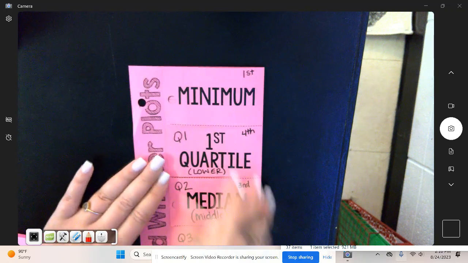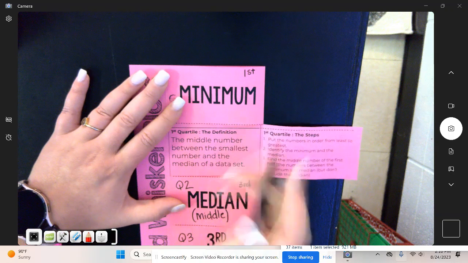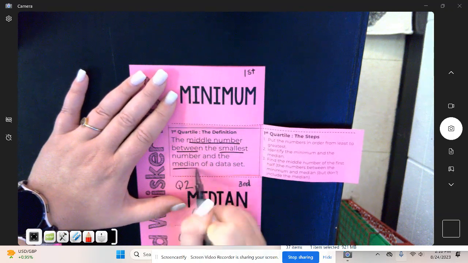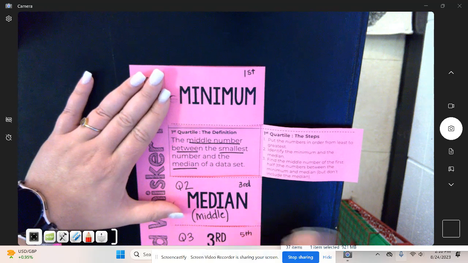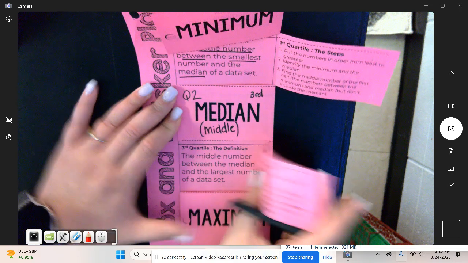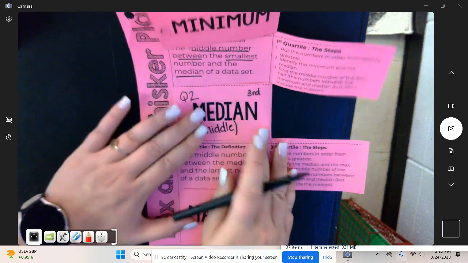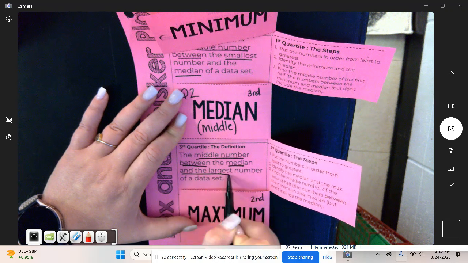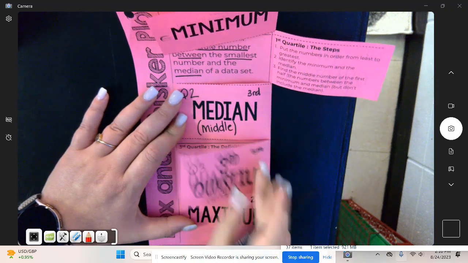When finding Q1, you're finding the middle number between the smallest and the median. Okay? When finding the third quartile, you're finding the middle number between the median and the largest number. Okay?